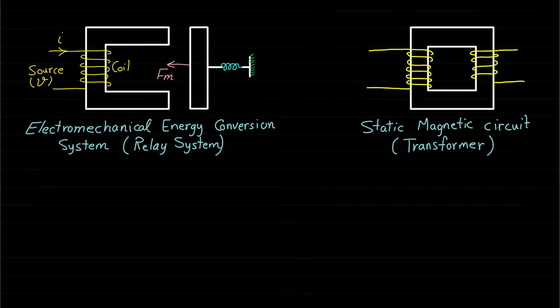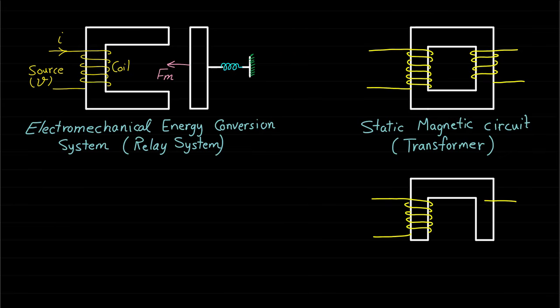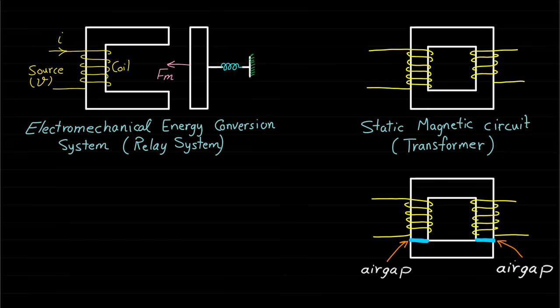Usually, these static devices are built with more than one piece to allow for inserting the coils, as shown. These air gaps are very small compared with the air gaps of electromechanical energy conversion systems. Note that we call the transformer a static machine because it has no moving parts.